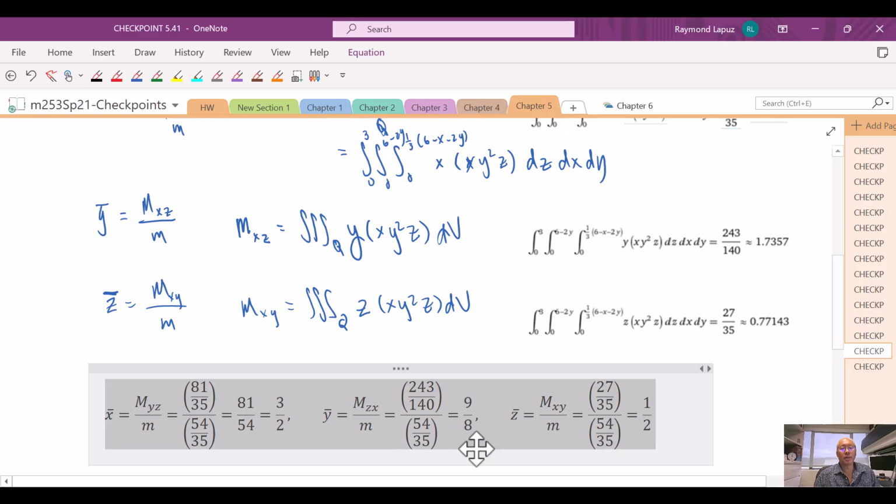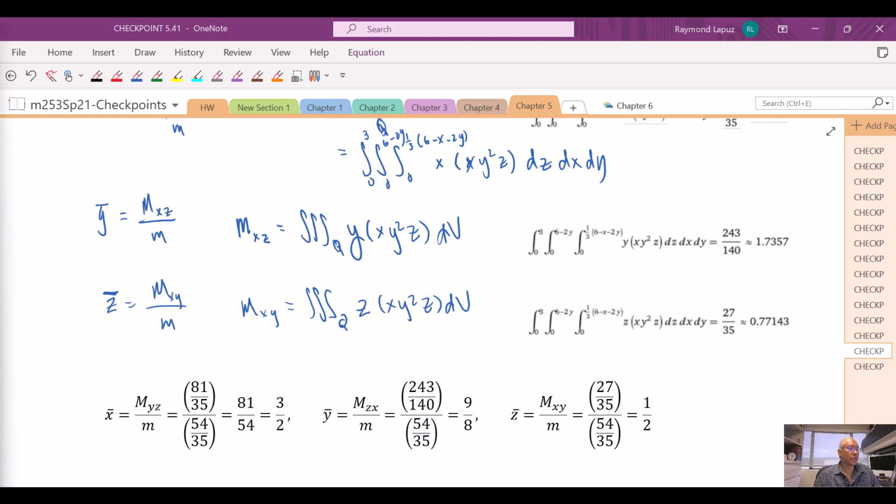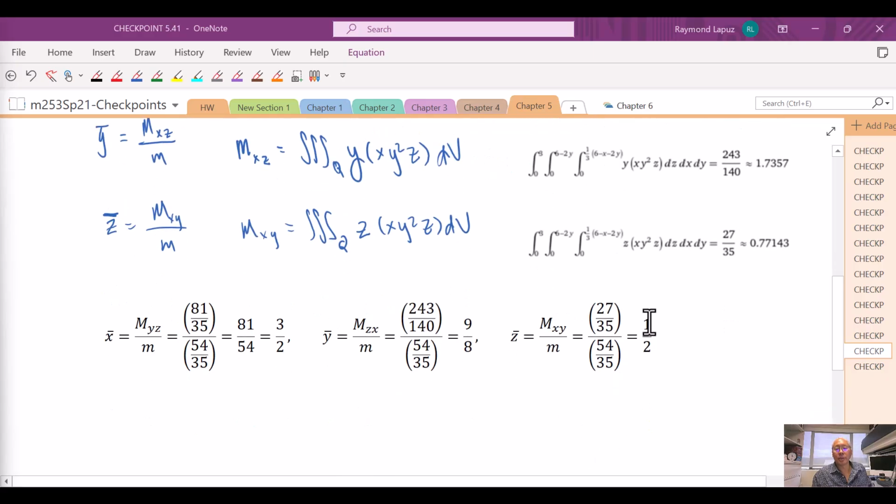For y bar, it's 243 over 140 divided by 54 over 35. You get 9/8. And then the last one, we take 27 over 35. That was our moment around the z. And then we divide it by the mass, and we get 1/2.